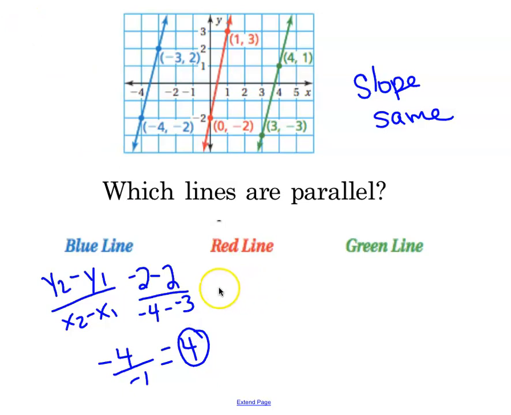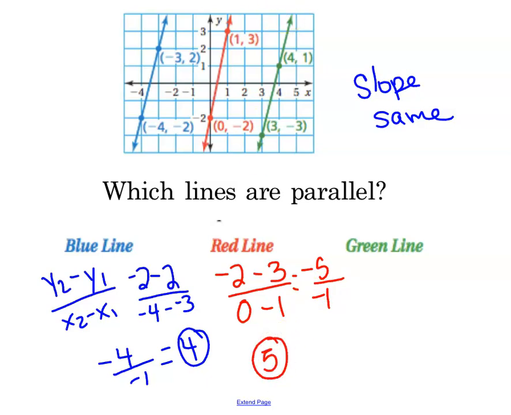So the same thing with the red line, you do y2, -2, minus y1, which is 3, over x2, which is 0, minus x1, which is 1, and I would get -5 over -1, which is a slope of 5. And let's look at the green line.